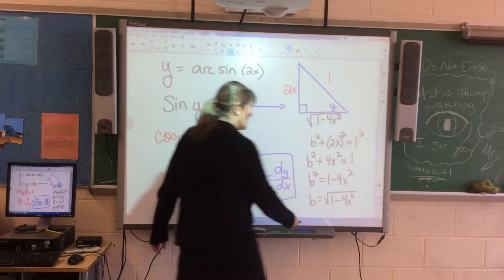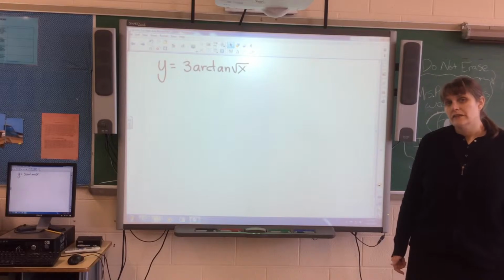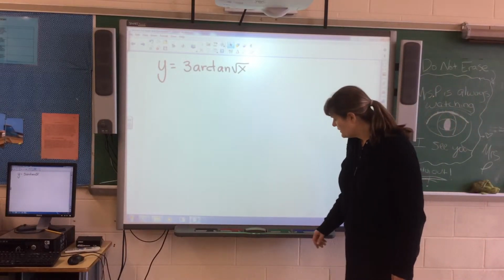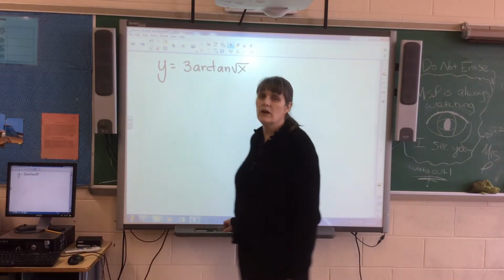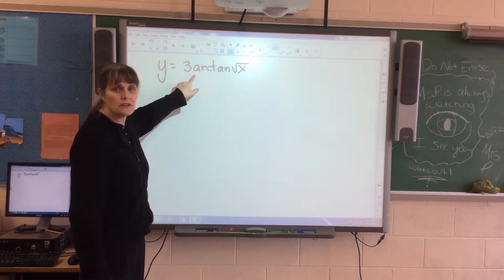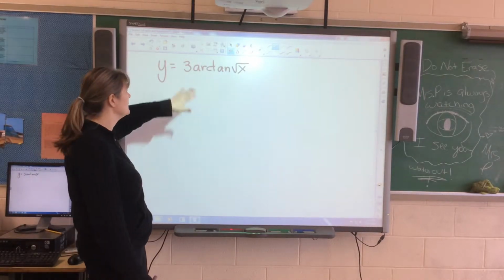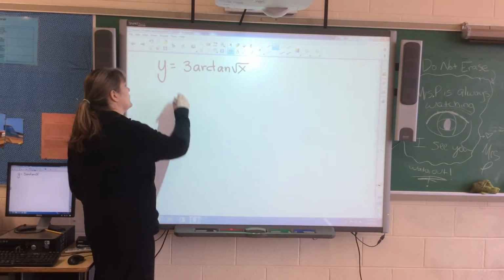They can become a little bit more interesting if they have a coefficient in front. So let's try this one. Now, before I rewrite my trig function, I need to move this coefficient, because 3 times arctan is not the same as arctan. So we'll divide both sides by 3.